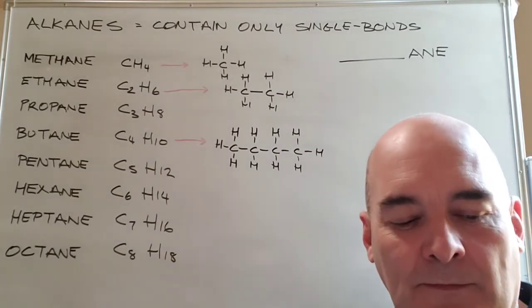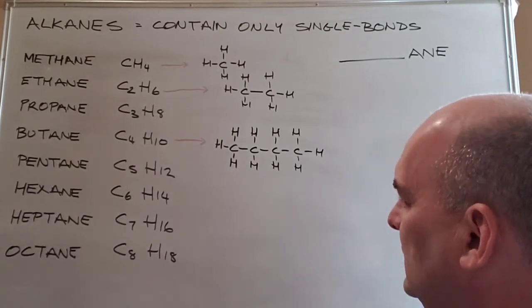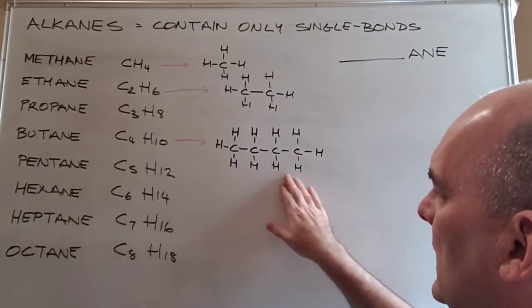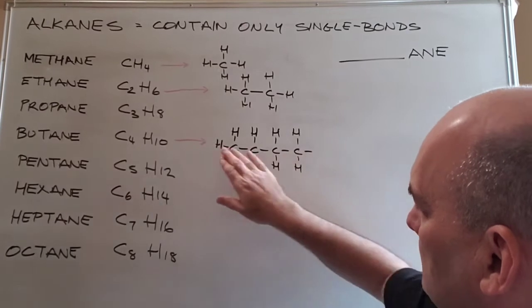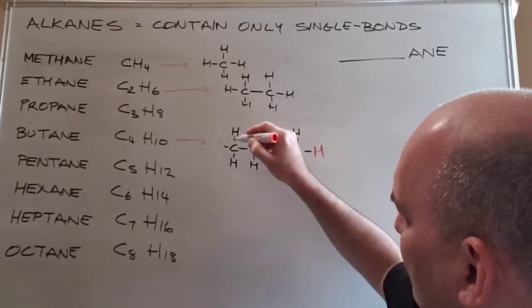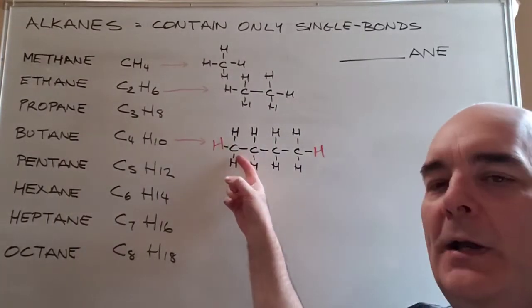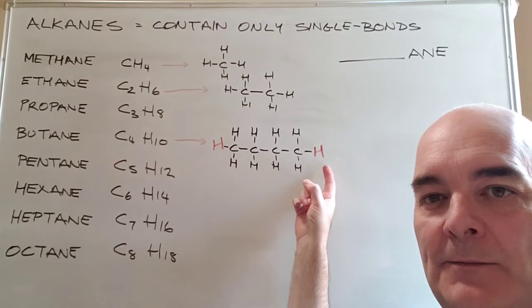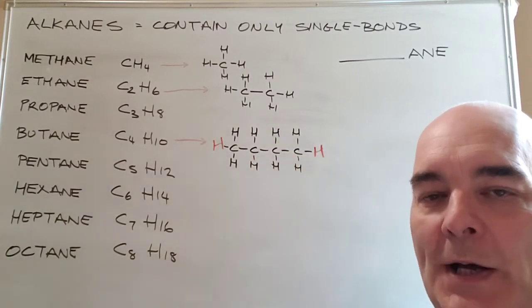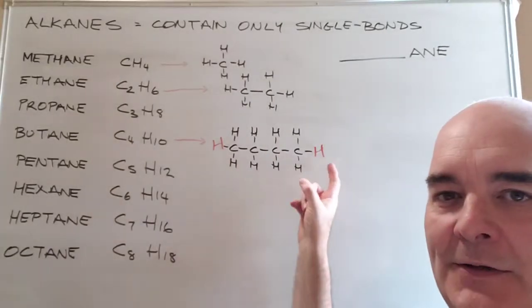Okay. Now, if we take a close look, here's butane. Every carbon in the chain holds on to 2 hydrogens, and then there are 2 at the end.